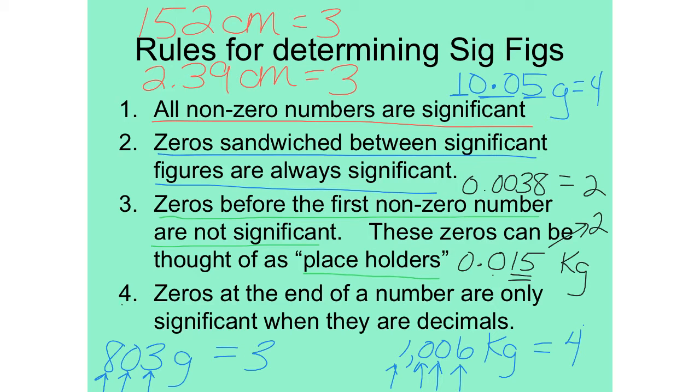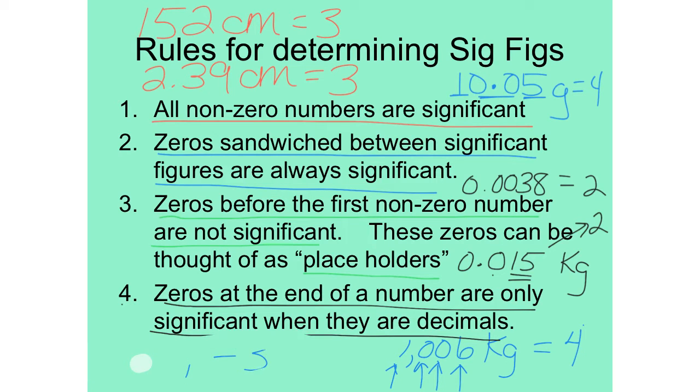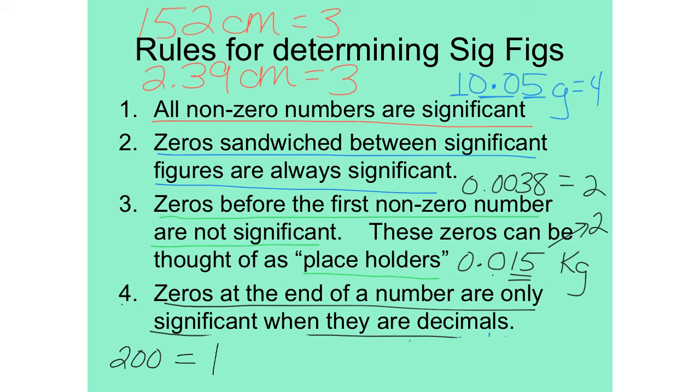Our last rule, number 4, zeros at the end of the number sometimes count, sometimes don't. They only count if they are after the decimal. So what I mean by that, and let's clear some space down here. Okay, so let's say we have 200. That only has 1 significant figure.